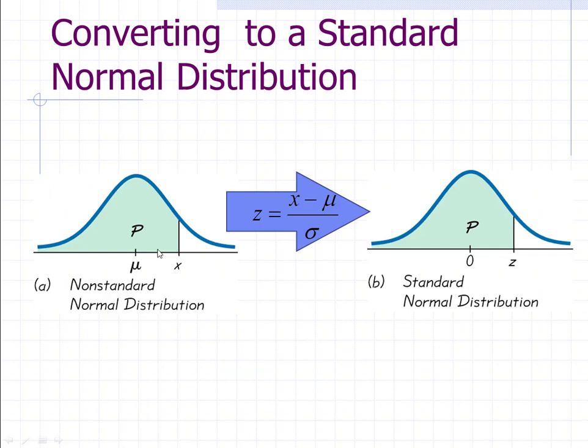Now, what we do is we know we can take a non-standard normal distribution, and by using z-scores we change it to a standard normal distribution. So we have those tables, and we have our StatCrunch application, and it can be used with any normal distribution.